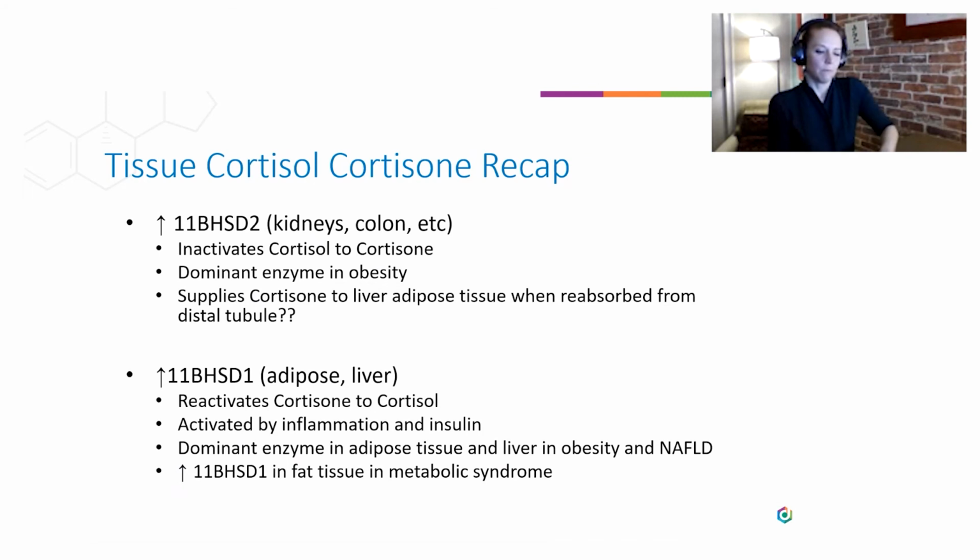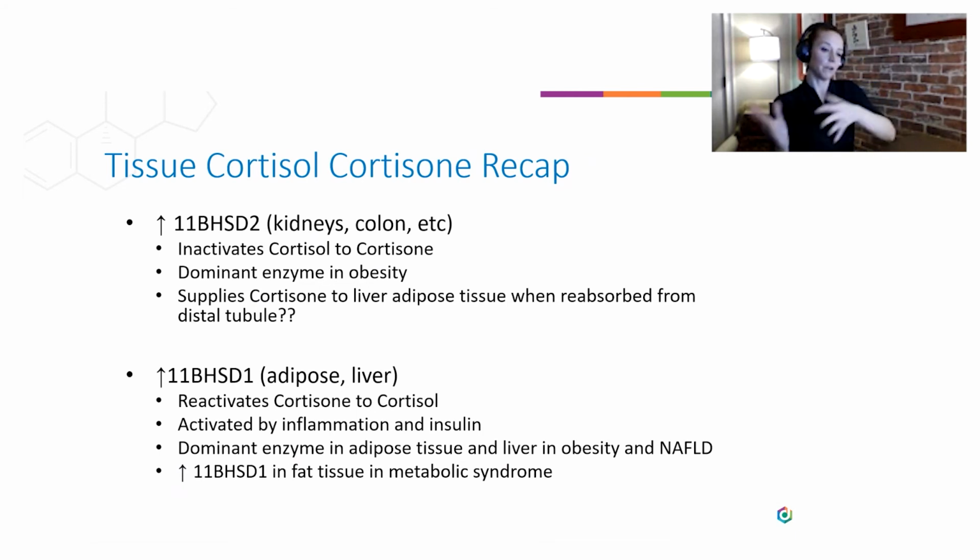And the reason we might want to do that, and I'm still trying to understand cortisol and cortisone and how it may or may not be reabsorbed and redistributed through the body. But I did read an article that suggested that cortisone could be reabsorbed at the distal tubule and go straight to the liver and add to our cortisone pool to be reactivated to cortisol.